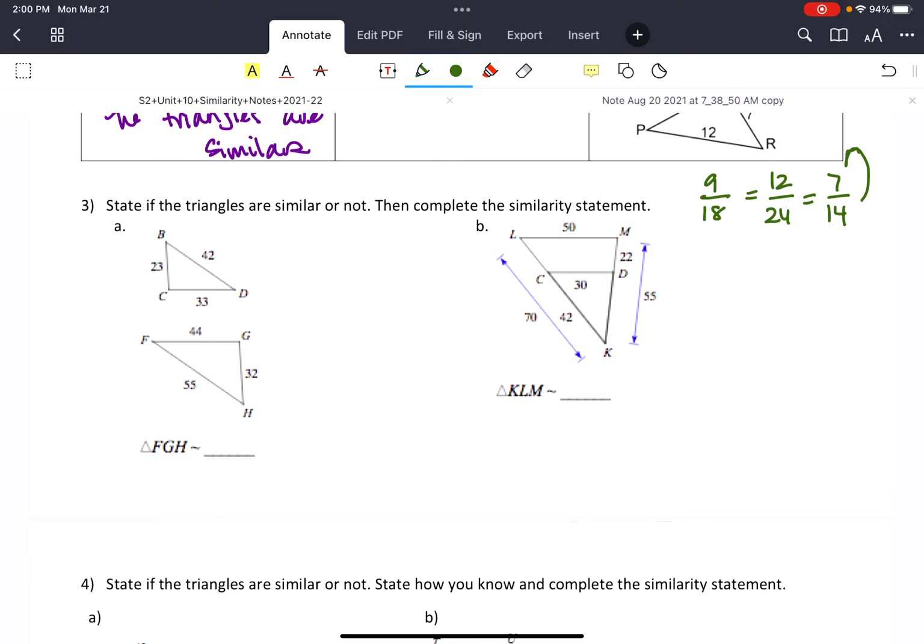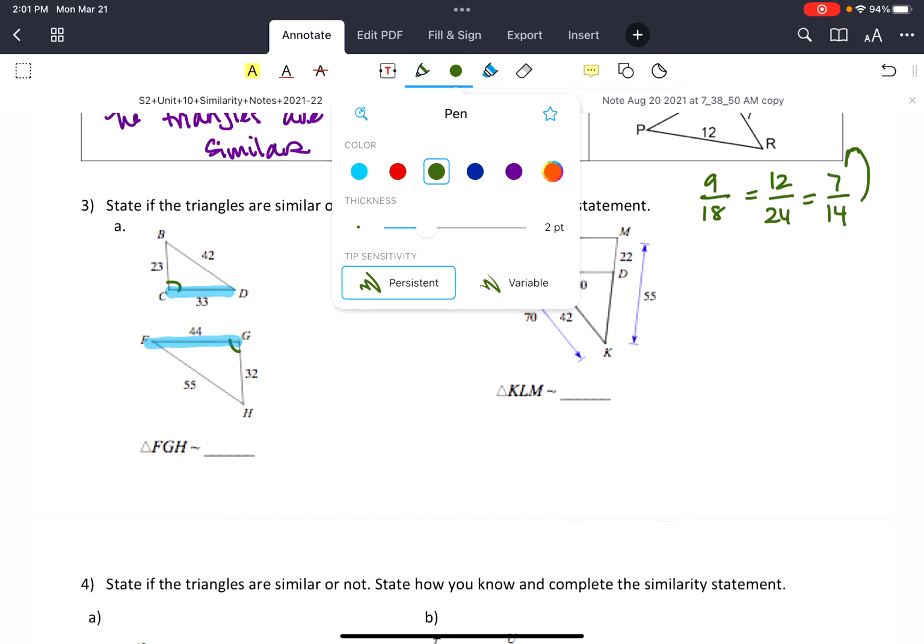So, okay, let's see what we can do here. These aren't oriented the same way, so I might have to try different things. So let's say G and C are similar. So that would make GF and CD, we could try to line those up.